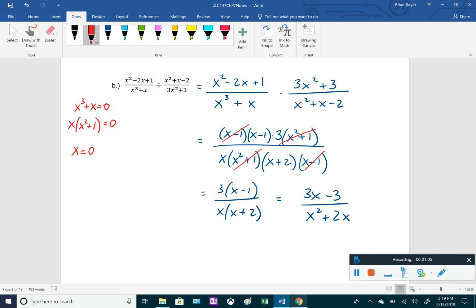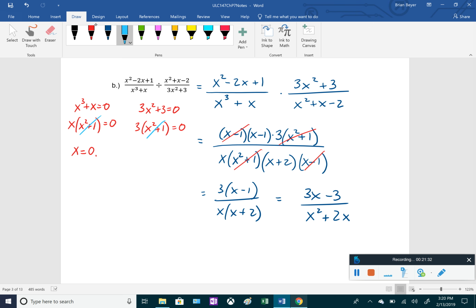So we only get x equals 0 from that one. Next one, 3x squared plus 3 equals 0. Factoring that, that's 3 times x squared plus 1 equals 0. So that's also never going to equal 0. So I'll just cross it out like that, just to denote that. It never equals 0 because it's the same thing as the one that we just did.